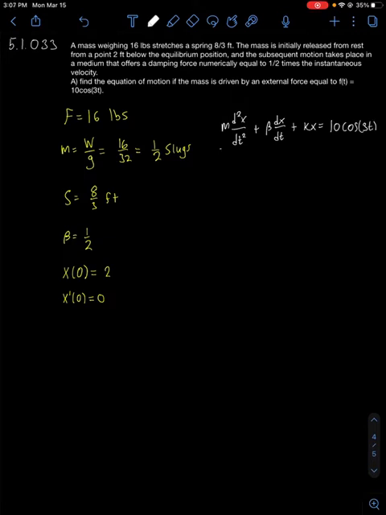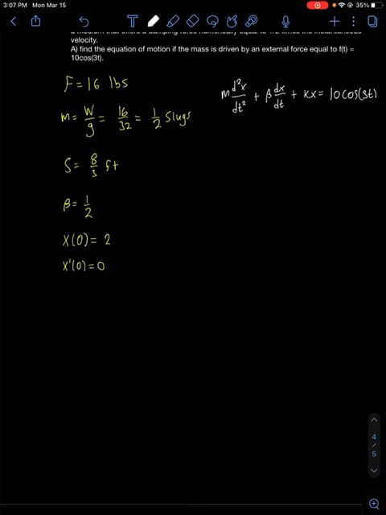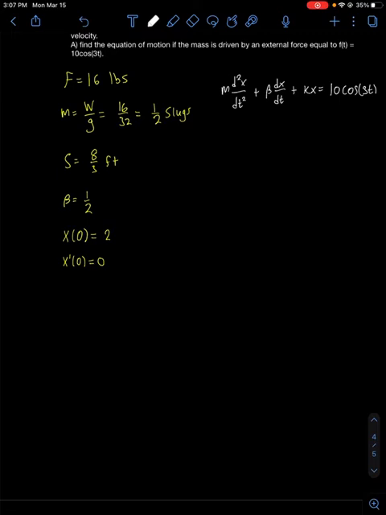So that's the form of the equation that we're going to be working with. So let's just plug everything in. The mass is equal to 1/2 x double prime of t. The damping coefficient is equal to 1/2 x prime of t. The spring constant k is equal to force divided by the stretch s.